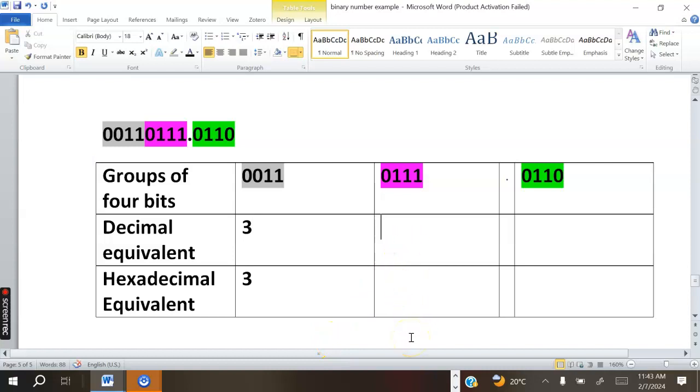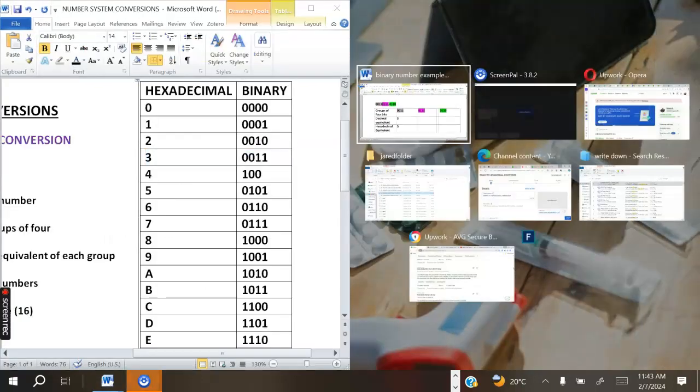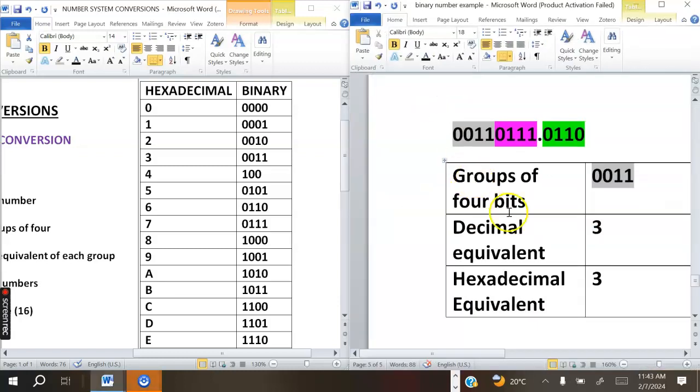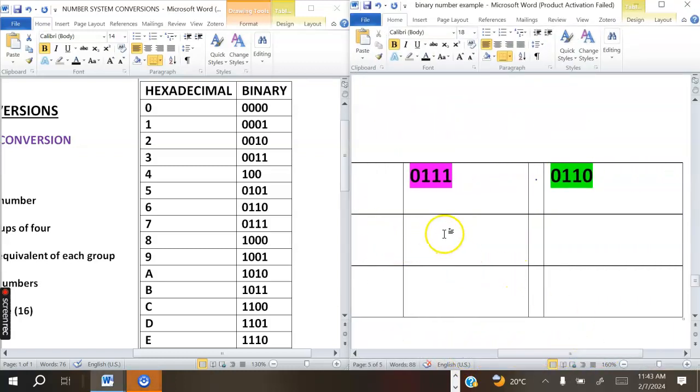Then for 0, 1, 1, for this one, it's supposed to be 7, as you can see.